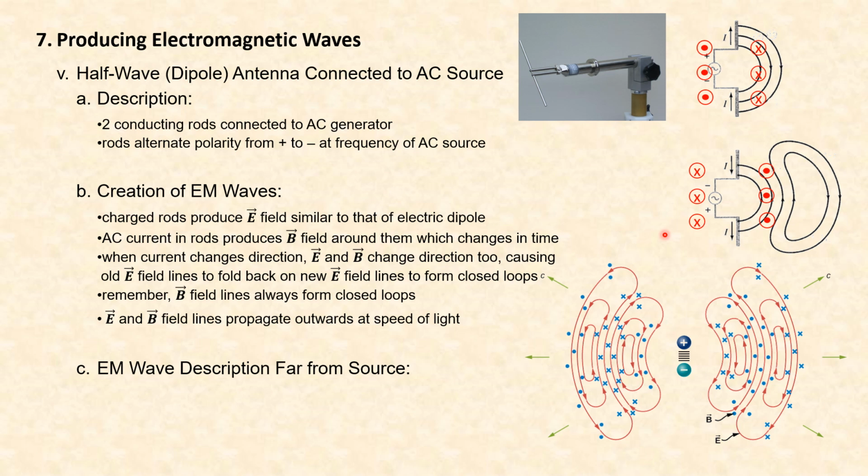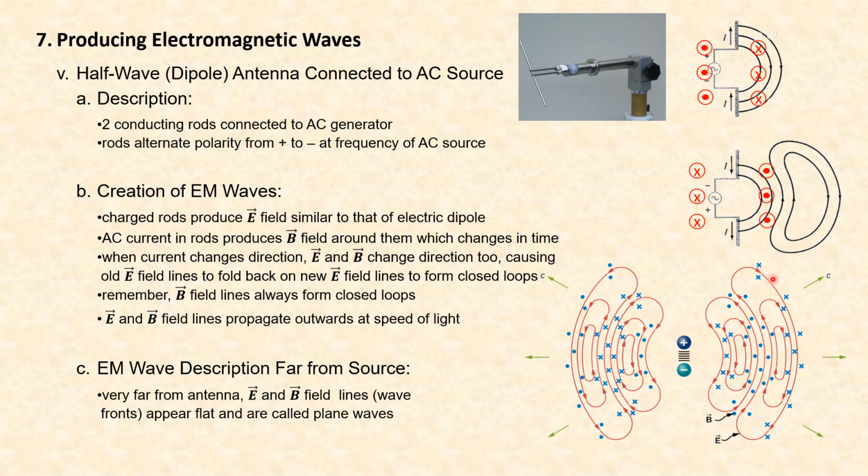When you get very far from the source, let's take a look at what happens. When you're very far from the antenna, the electric and magnetic field lines, the wave fronts, appear very flat. You can see here the flattening of that wave front, and we can think of them as plane waves. Very simply, since waves carry energy, as you get further away, the magnitude of the electric and magnetic fields gets weaker with distance.